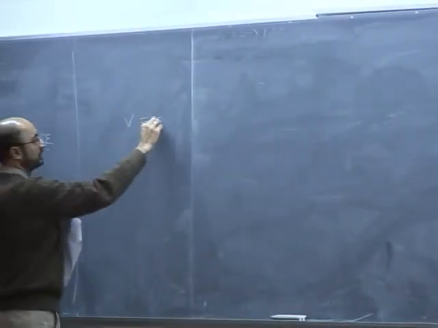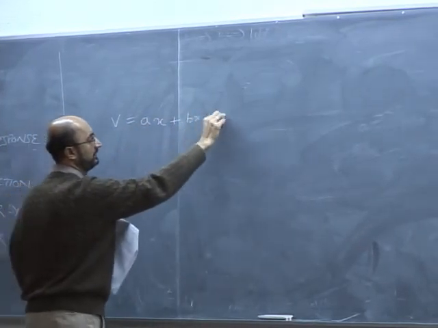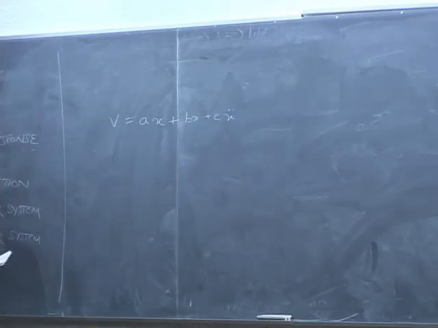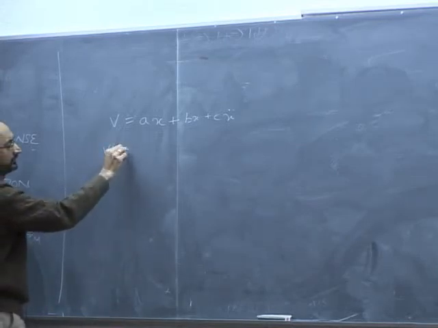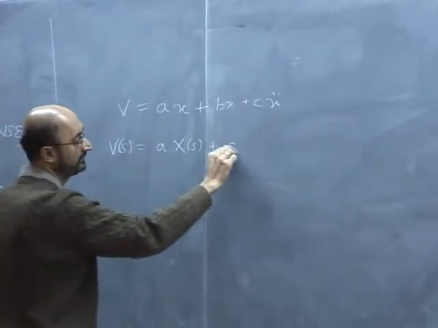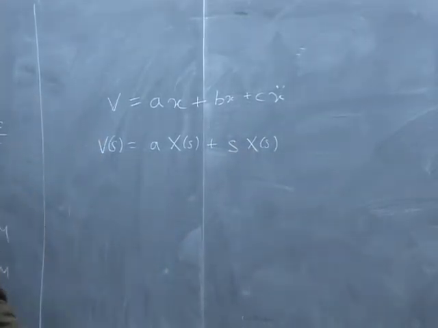So the homework question was this. We had a system where the velocity of the car is given by ax plus b x dot plus c x double dot, or d squared x by dt squared. Thank you, Nabil. And so what is the transfer function? Well, to take the transfer function, we just take the Laplace transform of this. So we say V(s) is going to be aX(s) plus sX(s), and then x of 0 goes away because it's 0, right?